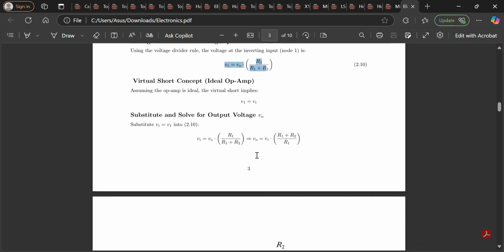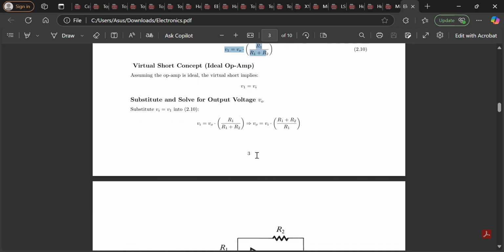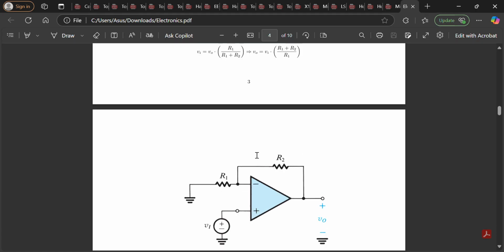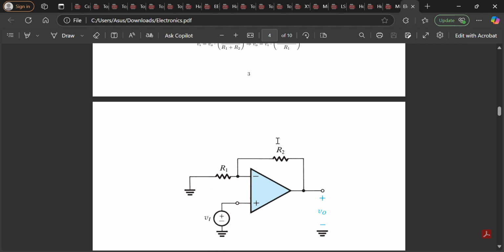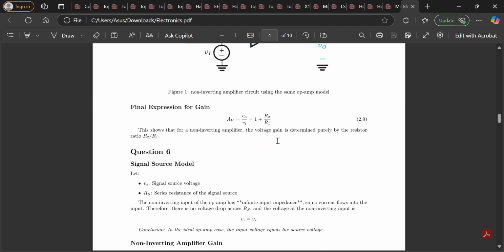We can just substitute this output voltage, and we get this equation, and the final expression for gain is shown here.